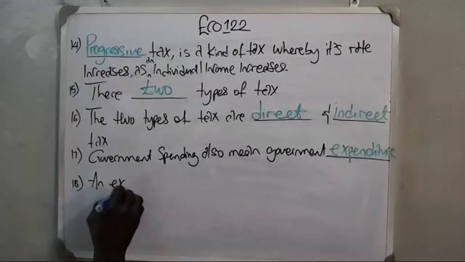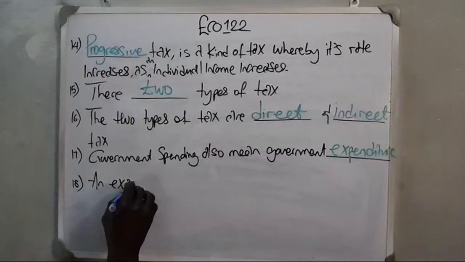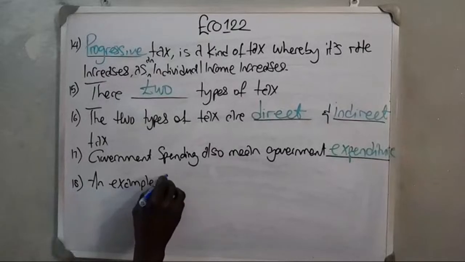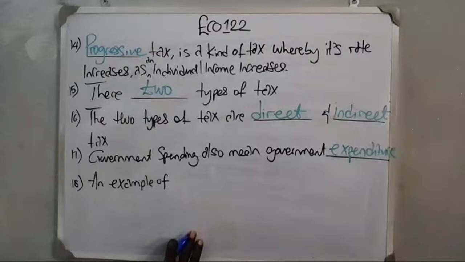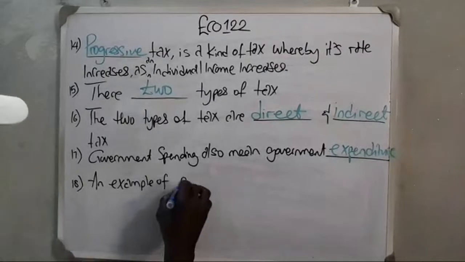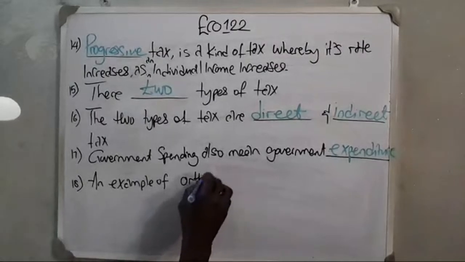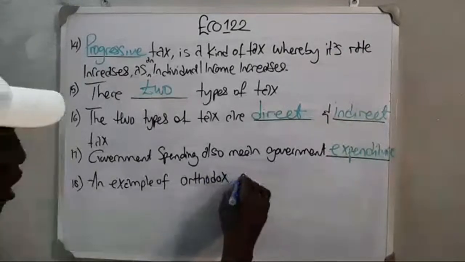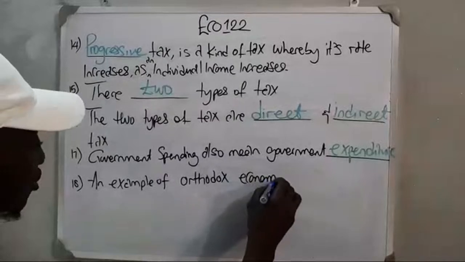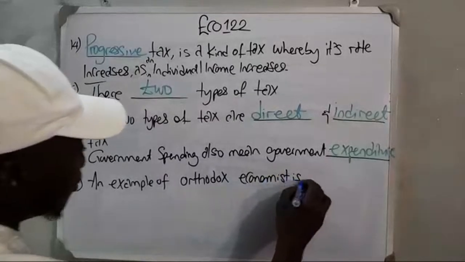An example of orthodox economists is dash.